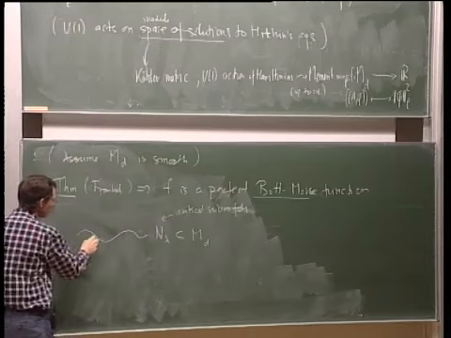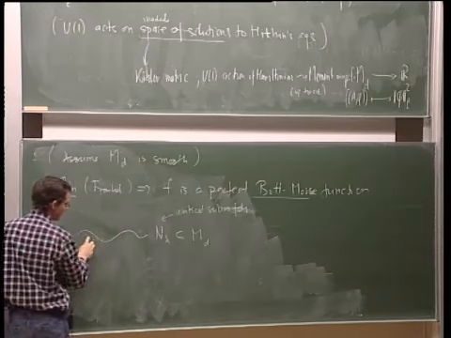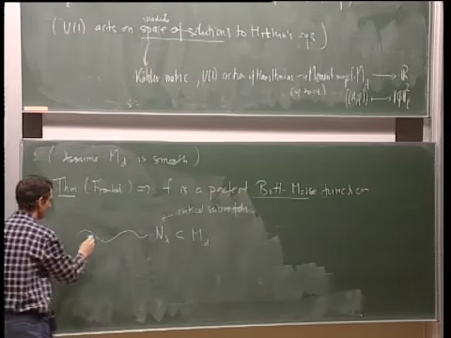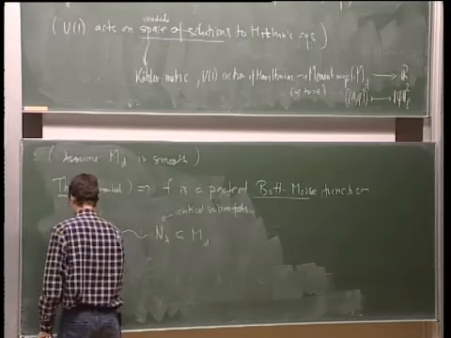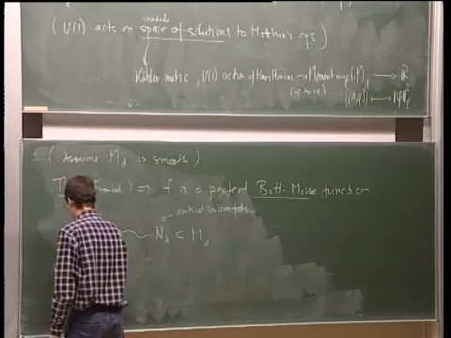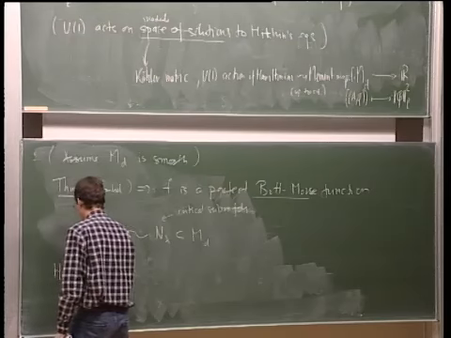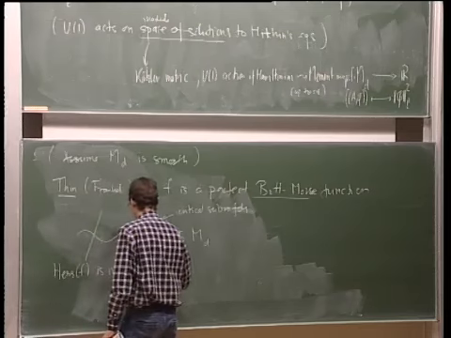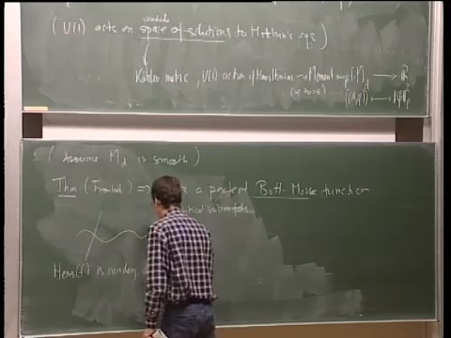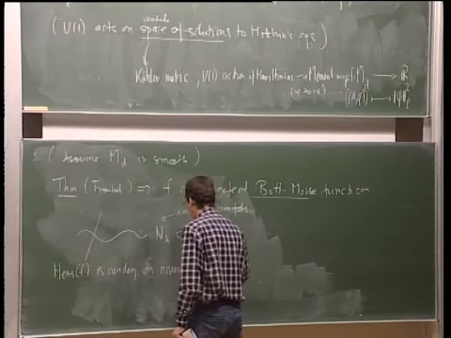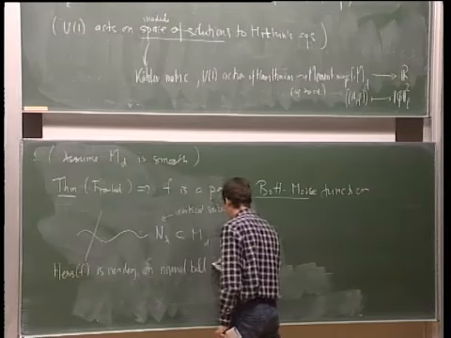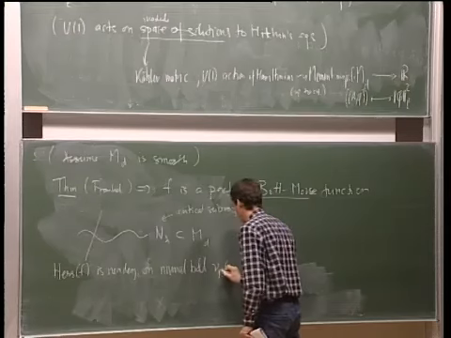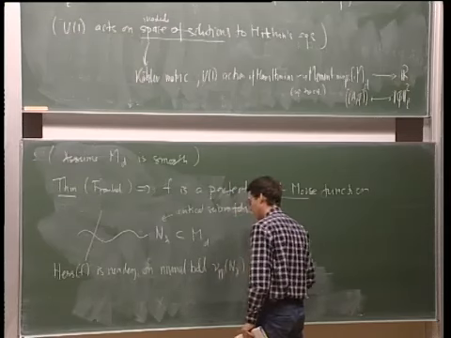And if you look at the normal bundle, then the Hessian of f restricted to the normal bundle is non-degenerate. So that's some sort of non-degeneracy condition again. So the Hessian of f is non-degenerate on the normal bundle nu in M of N_lambda.